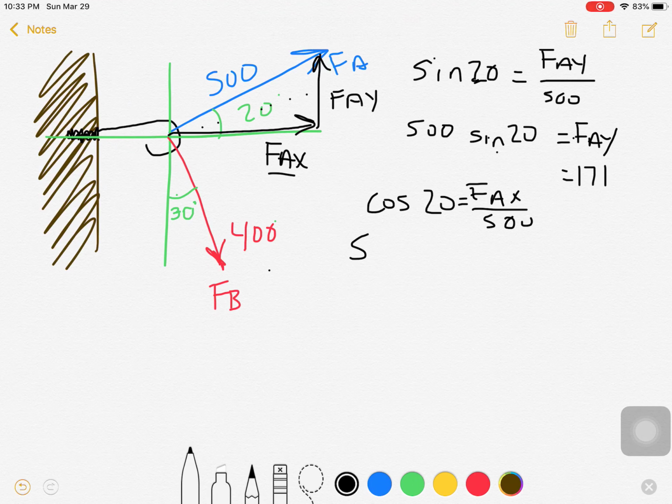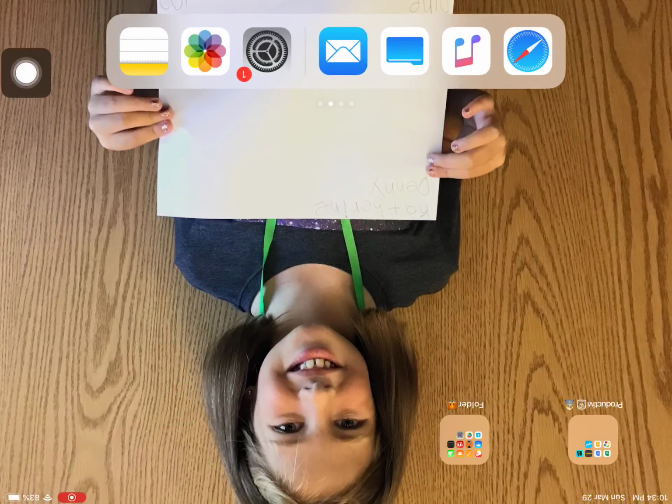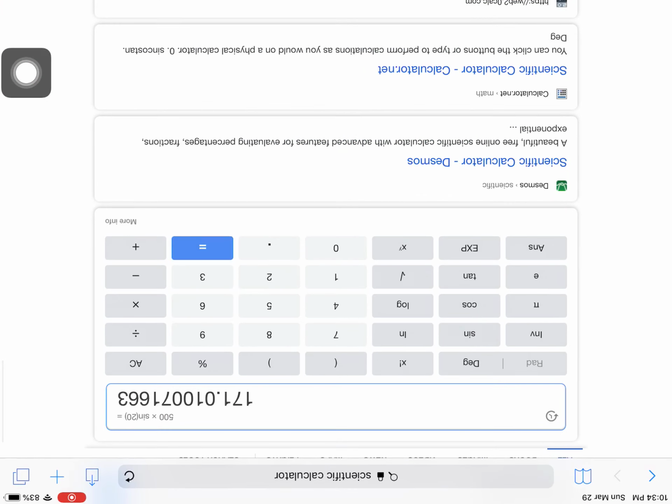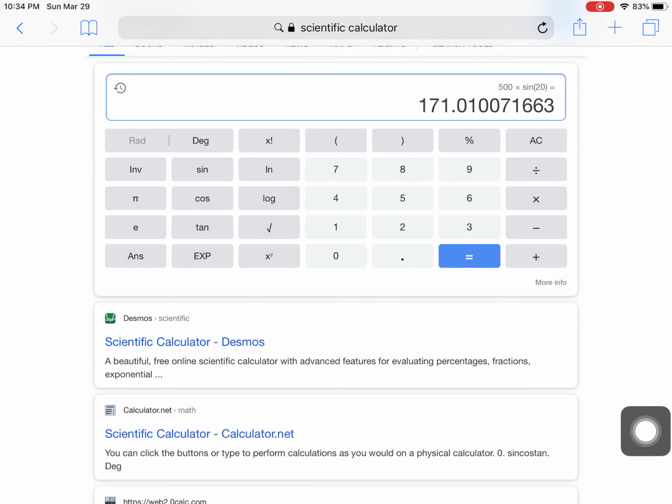So we'll multiply by 500 on both sides. 500 times the cosine of 20 equals force AX. So that equals 470.